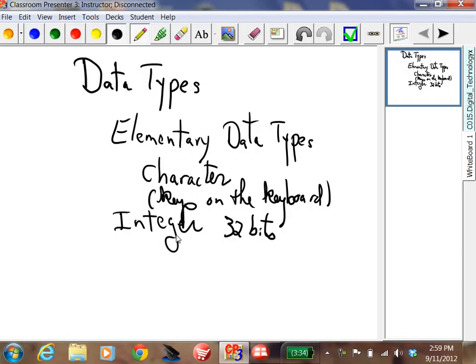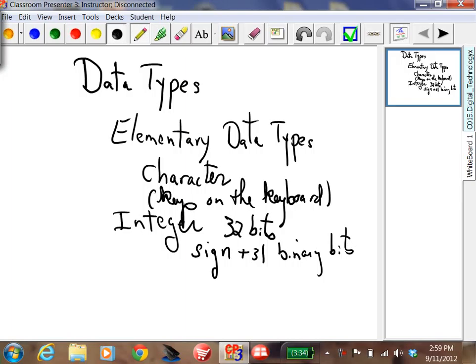I think I mentioned last time that one of these bits is a sign bit. So a sign bit plus 31 binary bits. The sign bit's either plus or minus.